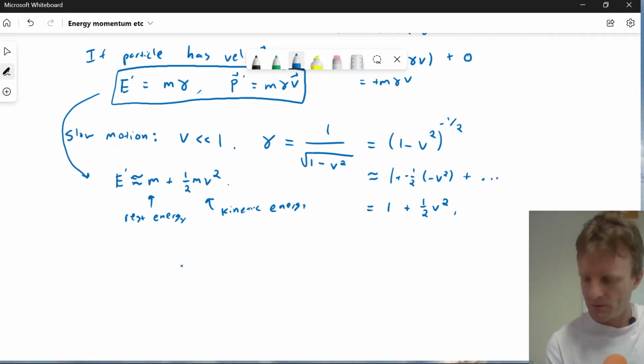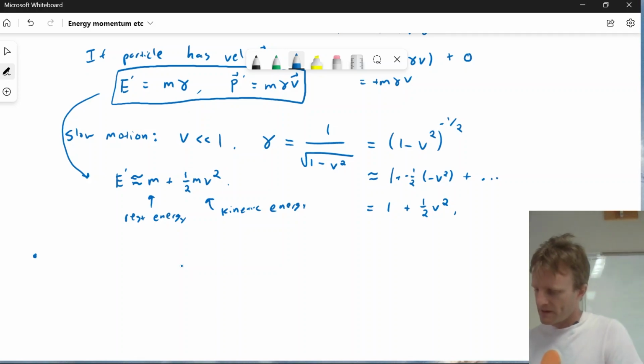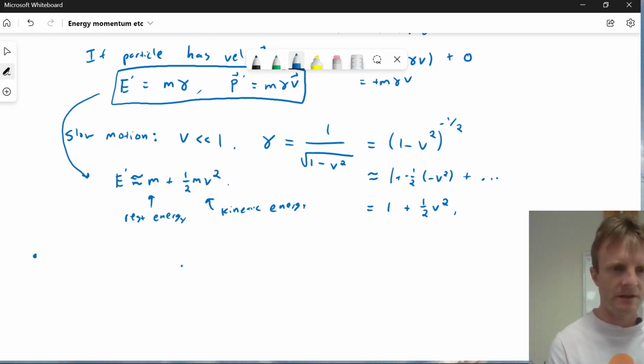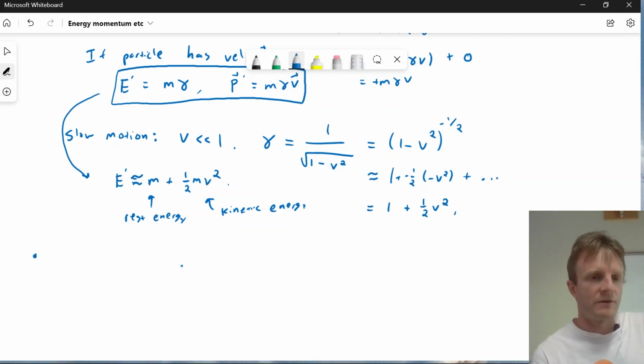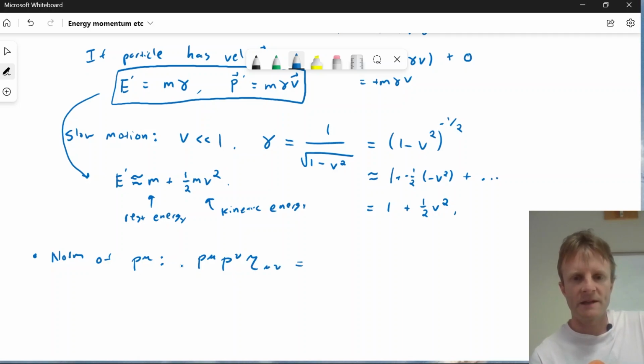Okay, what else? We need to do the famous relativistic energy momentum equation. Let's do that from the normalization condition. The normalization of p mu, recall I wrote just a minute ago, was p mu p nu with eta mu nu had to be minus m squared. So let's write this out in any Lorentz frame.